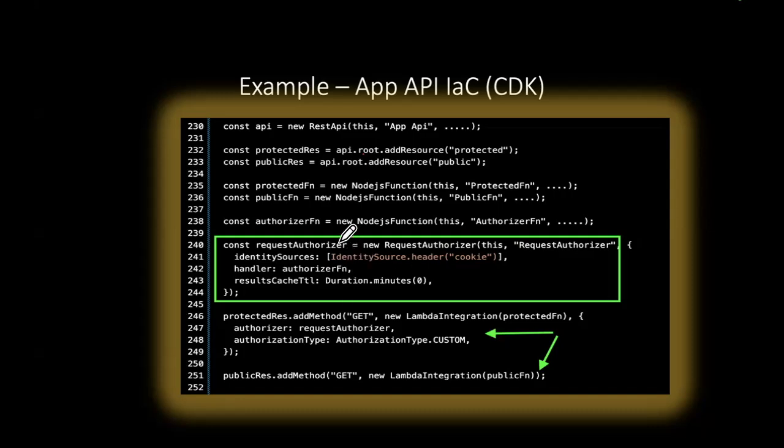So now we have an authorizer. The next thing we've got to do is add on our endpoints. So there's a get endpoint. And because we're saying this here, we're saying that this get endpoint requires user authentication. In other words, the request needs to include a JWT token, and this authorizer needs to be consulted.